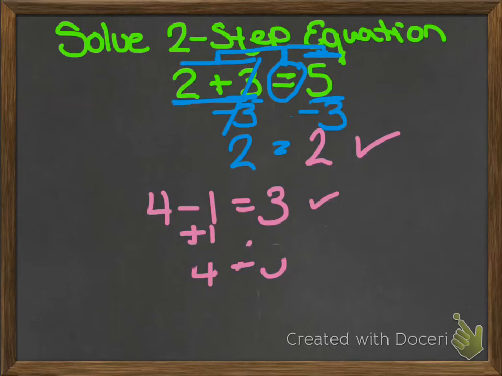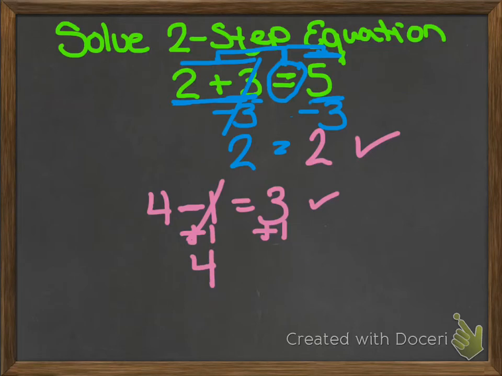So how could I make it equal? Well, if I added 1 on this side, I'd do the same thing, equal on both sides. So if I have minus 1 plus 1, that cancels out, and I'm left with 4.